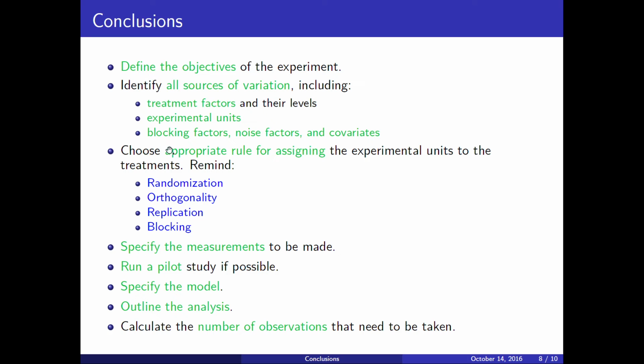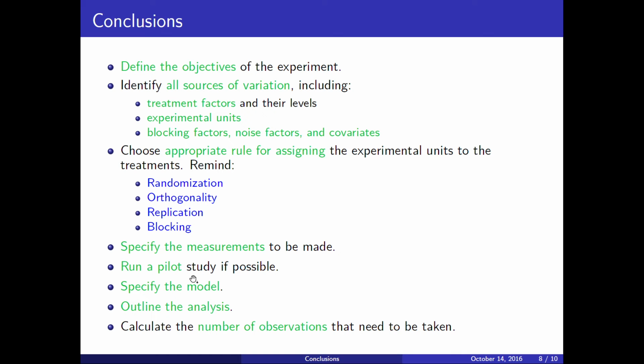And choose an appropriate rule for assigning experimental units to the treatments, and always remember to have blocks, to have replicates, to keep orthogonality if you can, and always to randomize and to blind, to prevent you from having bias. Before doing the experiment, you should specify which kind of measurements will be made.